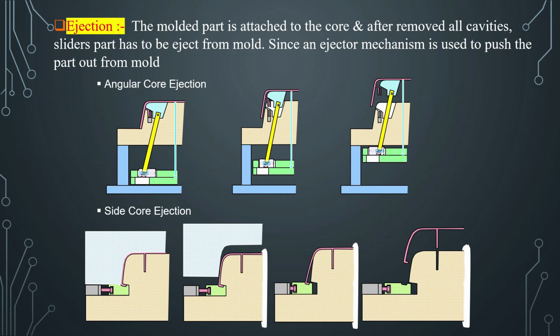An ejector mechanism is used to push the part out of the mold. You can see examples of angular ejection and side core ejection. There is the part. This yellow color is a link between the ejection top pin and bottom pin. So you can see the ejection methods.